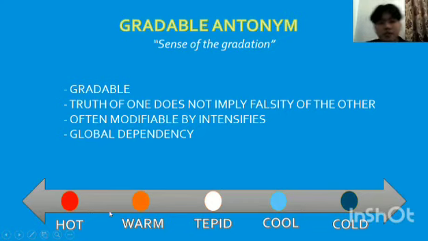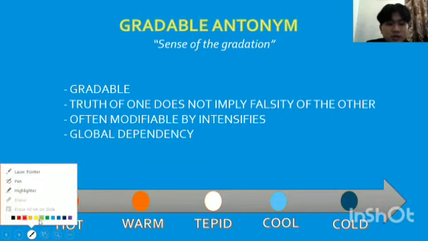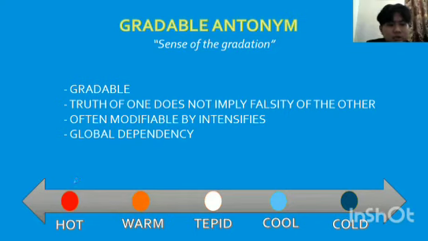Between hot and cold, there is a space: warm, tepid, and cool. The antonym of hot is cold, the word warm is the opposite of cool, and the neutral is tepid.